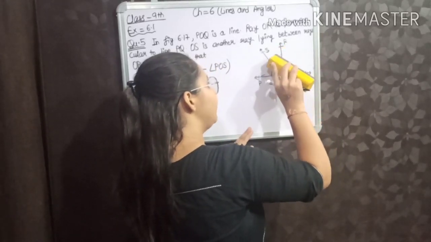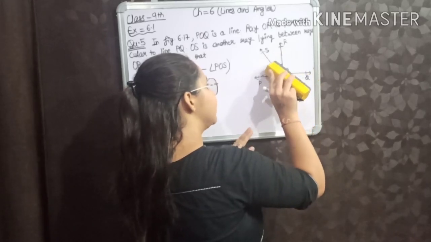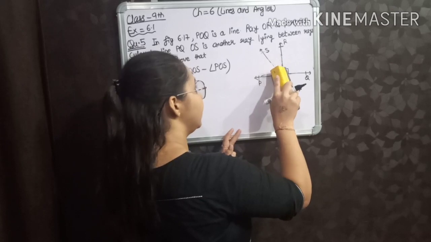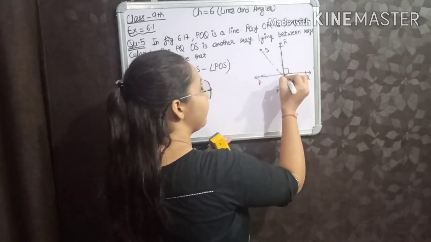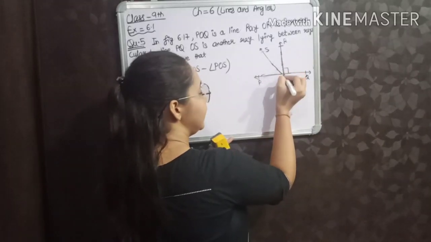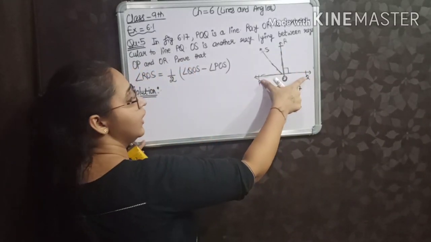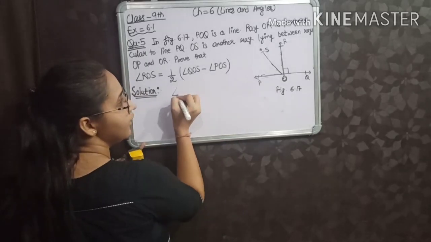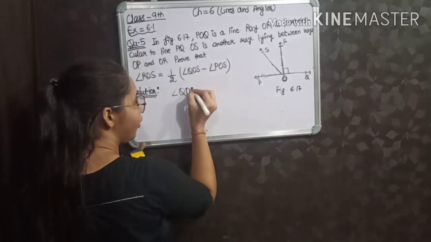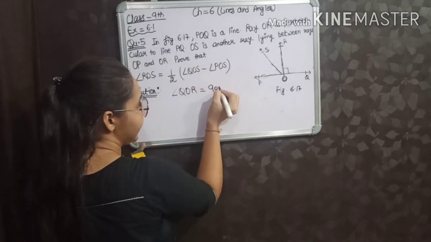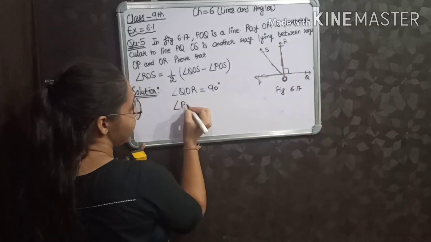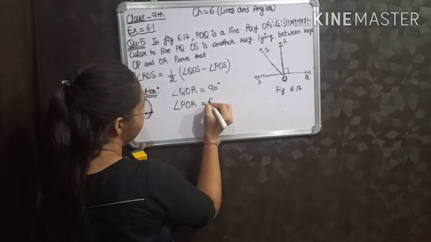You understand what we have to prove and what is given. Given: OR is perpendicular to PQ. It means angle QOR is equal to 90 degrees and angle POR is also 90 degrees.